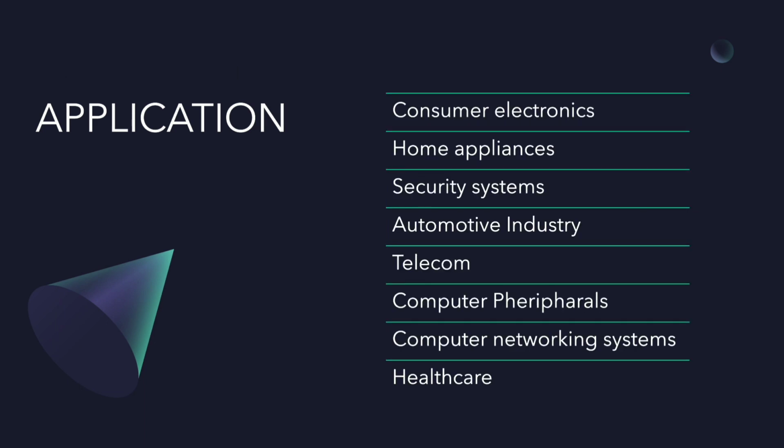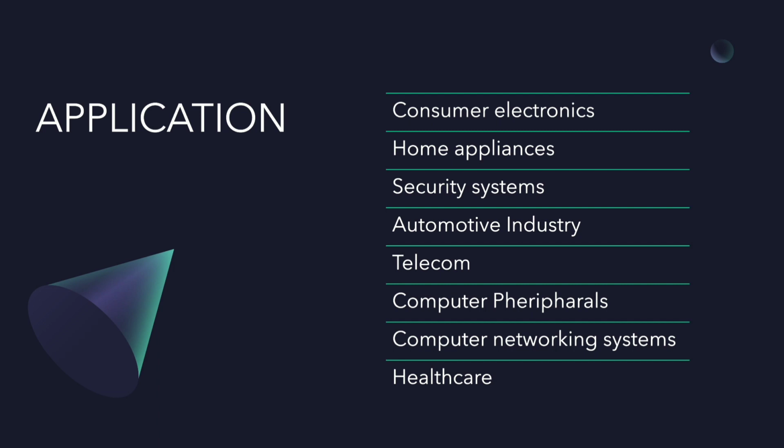Now, let us know the applications of embedded systems. Embedded systems are used in consumer electronics like cameras, fitness bands, etc. They are also used in home appliances like washing machines, air conditioners, and nowadays in rice cookers and electric stoves. They are used in security systems like fire alarms and also in home heating systems.